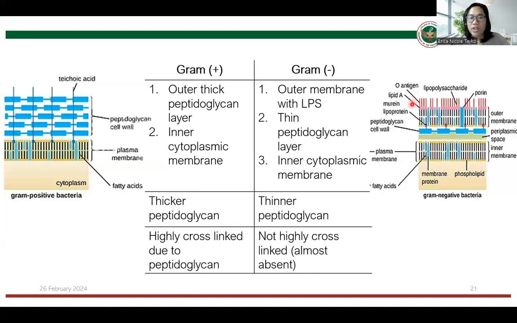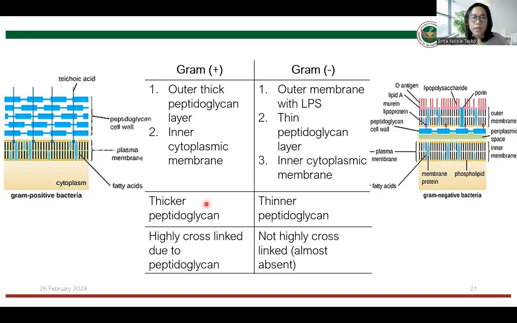Specifically, we have here your lipid A. Later we'll look at the importance of the lipid A component of the gram-negative outer membrane. After the thin peptidoglycan layer, we have your inner cytoplasmic membrane. So again, thicker peptidoglycan, thinner peptidoglycan.